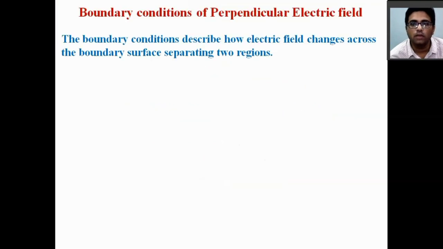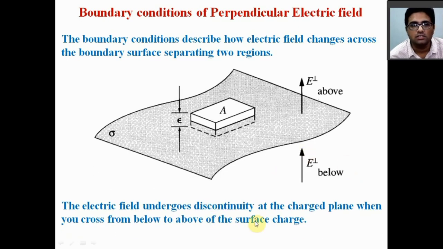Now, when we talk about boundary conditions of the electric field, those actually describe how the electric field changes across the boundary surface separating two regions. Here, this is a charge sheet and it is separating two regions: one above this charge sheet and the other below it.